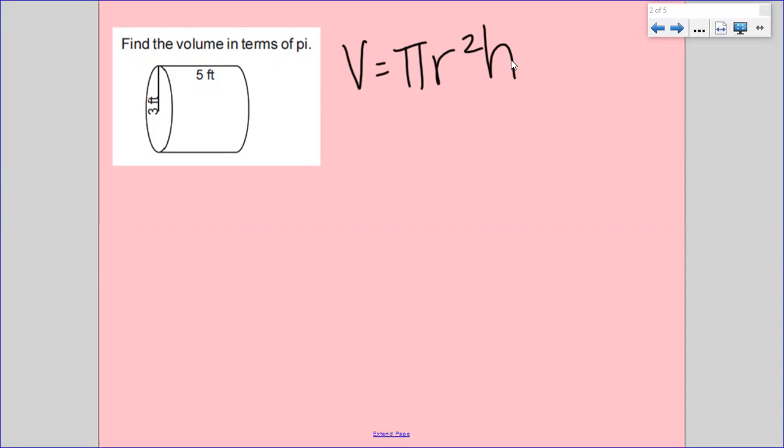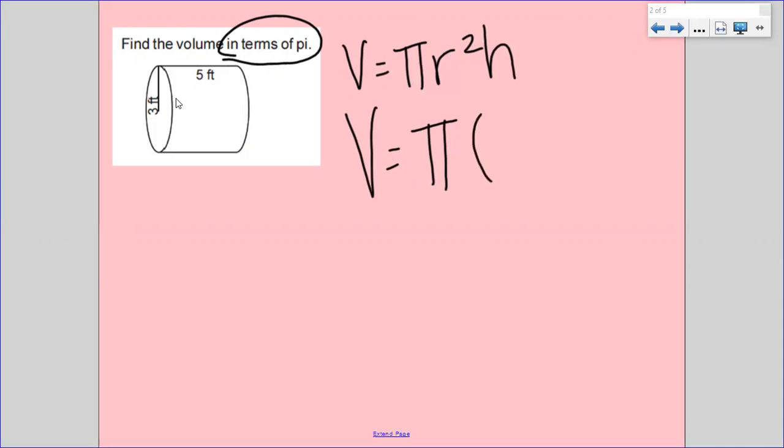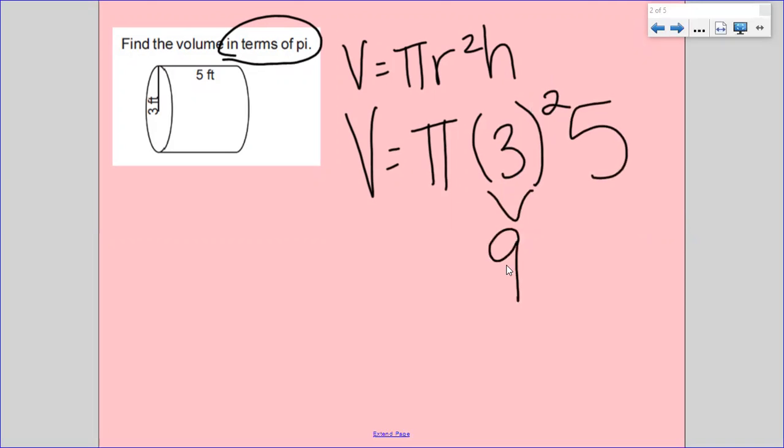It was the same error. So let's look through it. So we know it's in terms of pi, so we can leave pi as is. That's helpful. And then r squared, here's where it happened. 3 squared, and then the height is 5, okay? So 3 squared, we know, is 9 because it's 3 times 3.